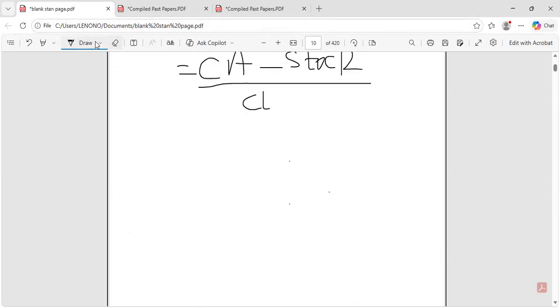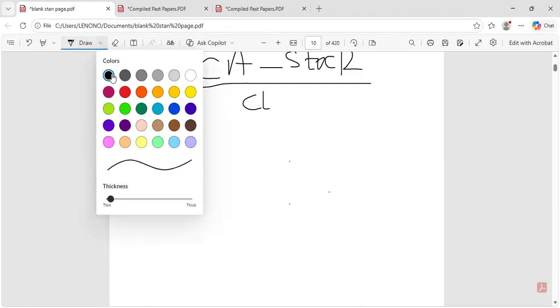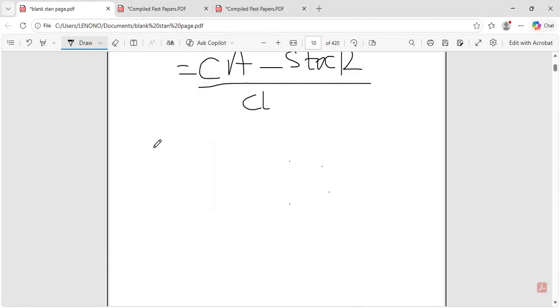Then we have efficiency ratios, number 3.